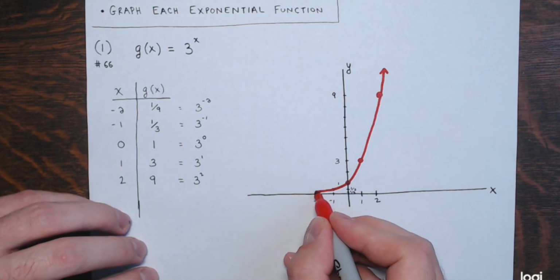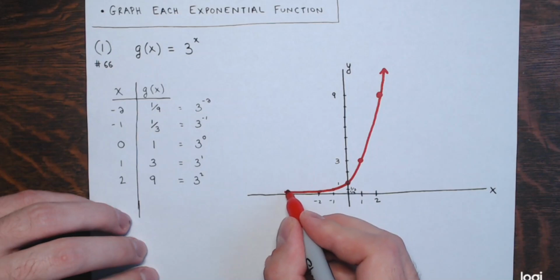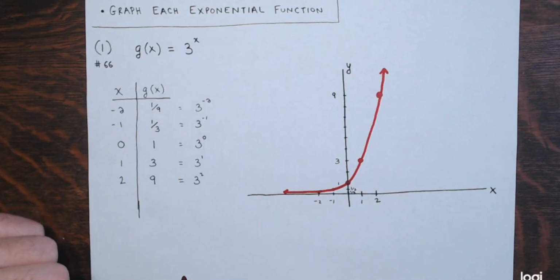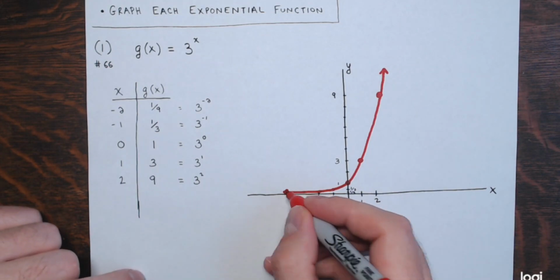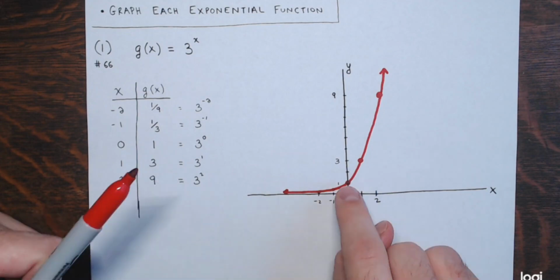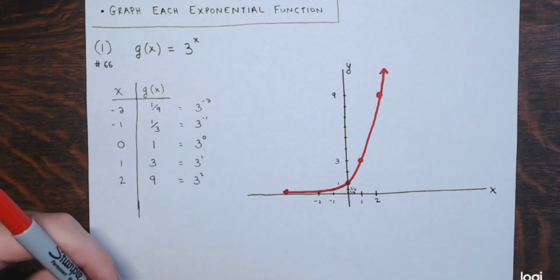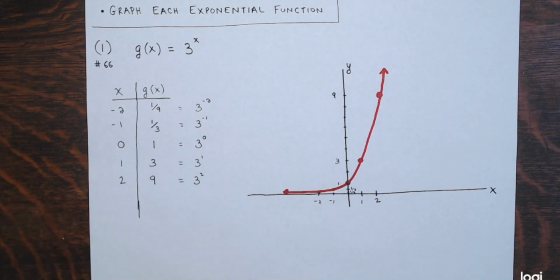And no matter what you plug in to the left here, it's always going to be above the x-axis for this particular function. Little arrow, it's going that way forever, but it's getting closer and closer to the x-axis without ever actually touching it. So we're going to call the x-axis here a horizontal asymptote.